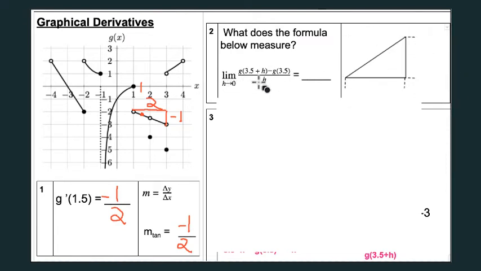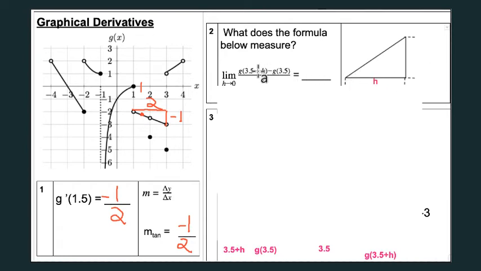We remember that the limit as h approaches 0 of rise over run is called the difference quotient, and h is the run. So let's look at where h goes. It looks like h is the width of that triangle. That's the run.